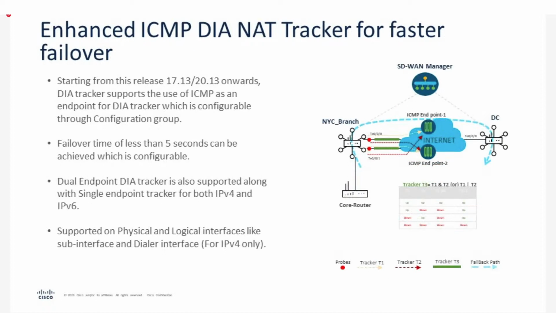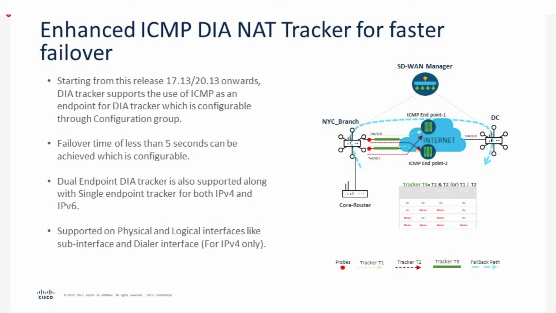Next, we'll talk about the enhancements in the ICMP direct internet access NAT tracker for the faster failover. As of today, we already have support for the DIA NAT tracker feature, right? And it uses HTTP probes to track the endpoint reachability, not ICMP based probes.